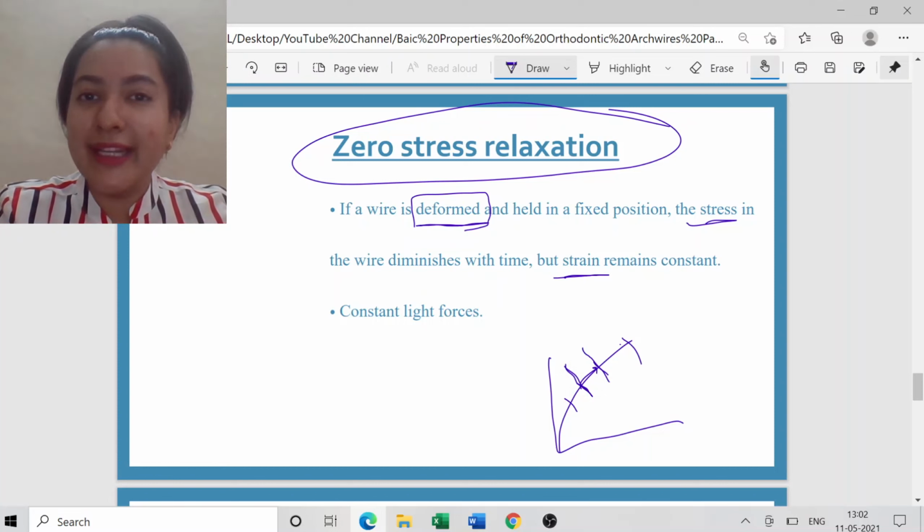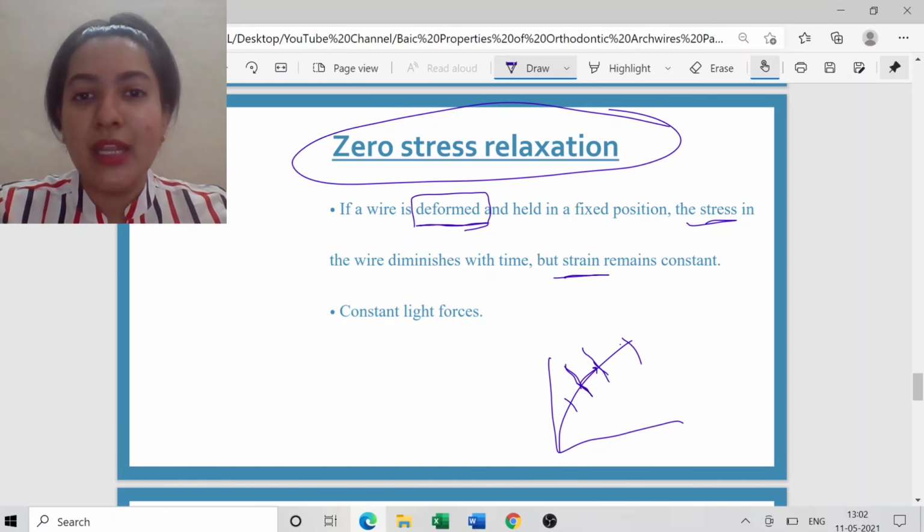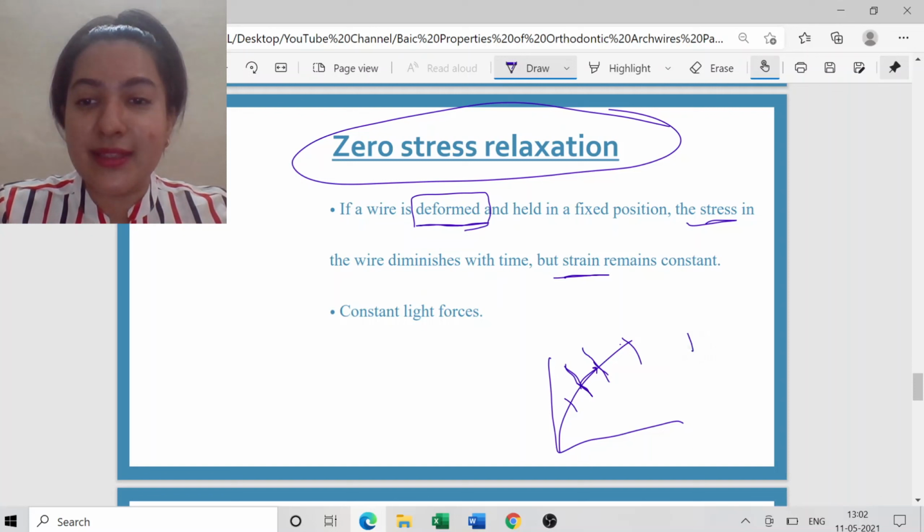So when a wire is deformed, you can imagine the amount of force which has been applied, and it is held in a fixed position. The stress in the wire diminishes with time, but strain remains constant. What was stress? Stress was force upon area. What was strain? Strain was change in dimension divided by original dimension.